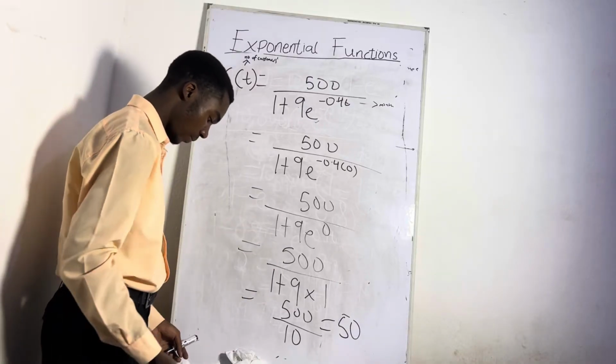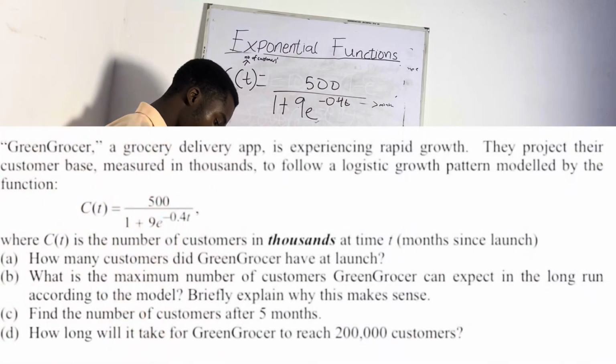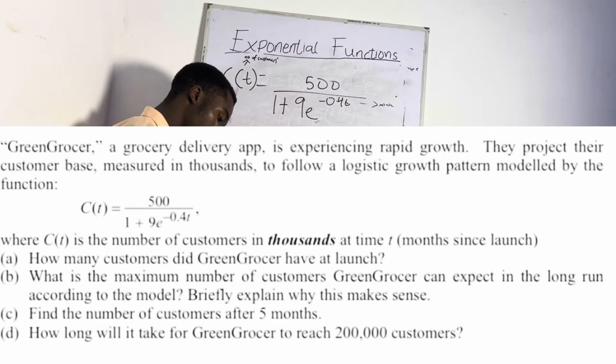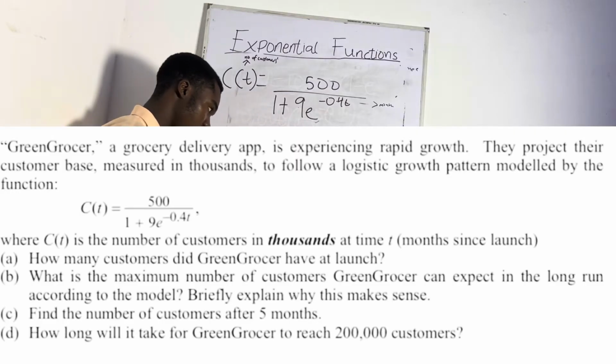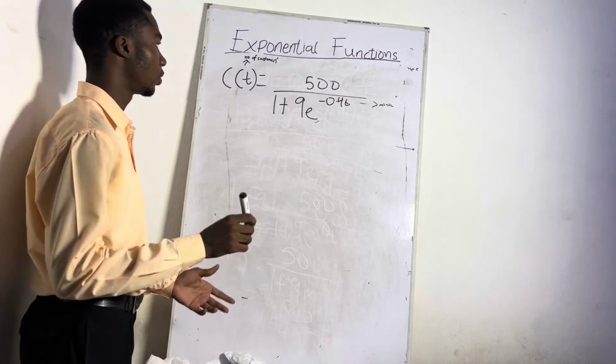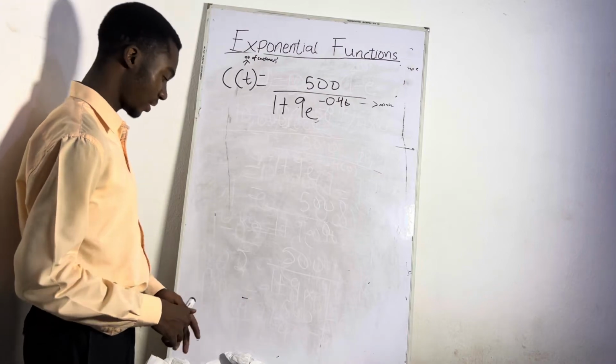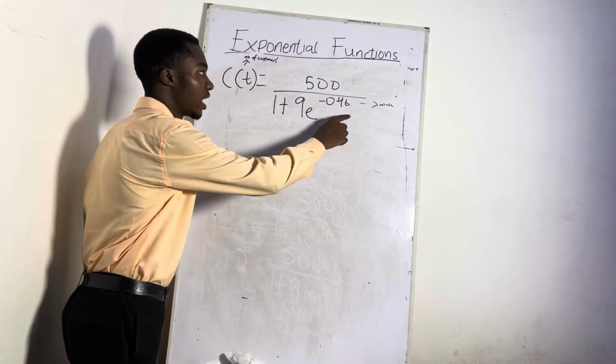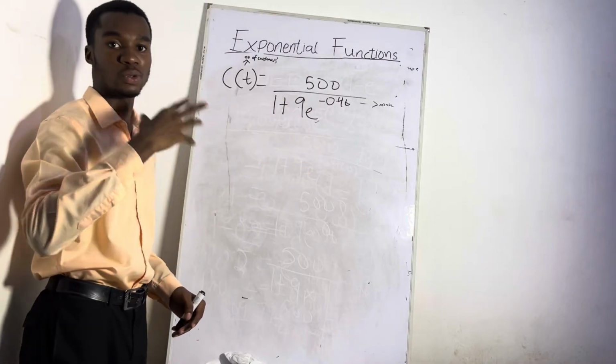Now let's move on to the B. The B says, what is the maximum number of customers Green Grocer can expect in the long run according to the model? Briefly explain why this makes sense. So it's similar to the example we solved earlier on. Earlier on, I said that anytime they ask you for the maximum number of customers, it means t is approaching infinity. Time is going, you get it?